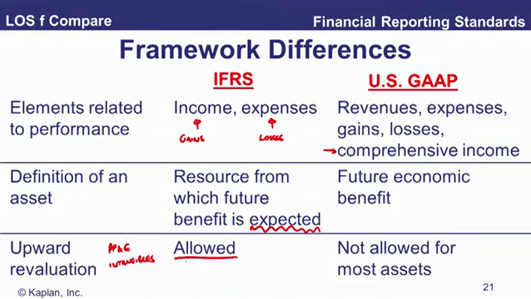Under US GAAP, typically revaluations to fair value are not allowed for most assets. The exception under US GAAP is some financial instruments which are allowed to be recorded at fair value. But certainly PP&E and intangibles, you can't record at fair value. Instead, you use a historic cost convention, which means purchase price less accumulated depreciation.